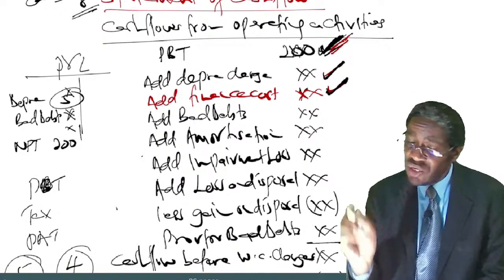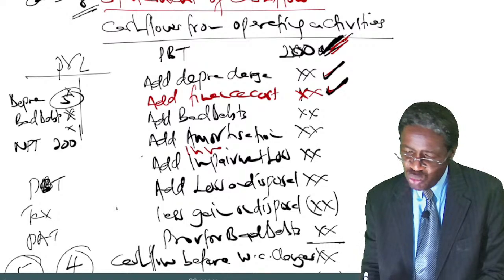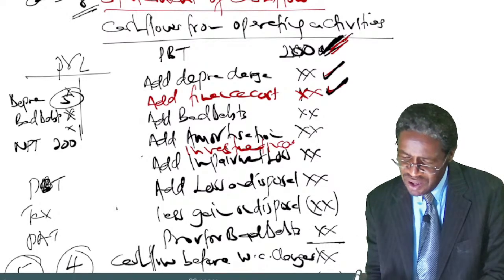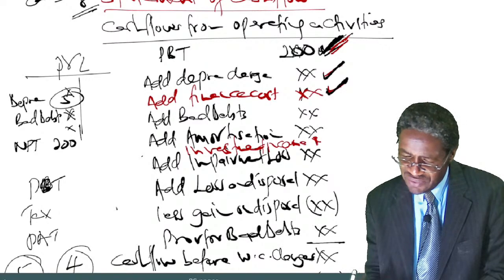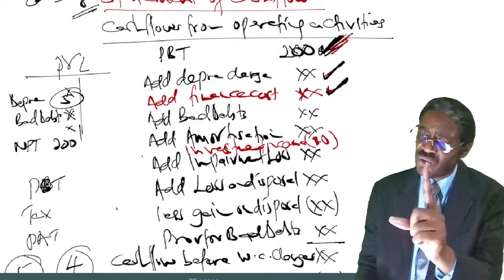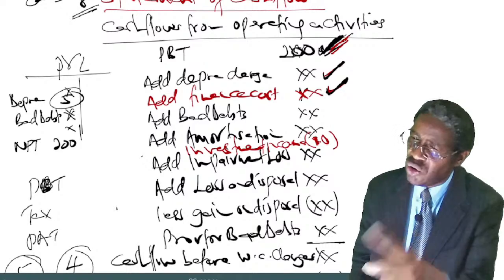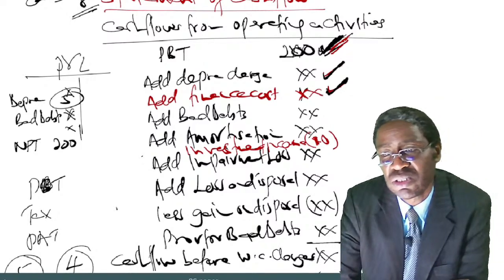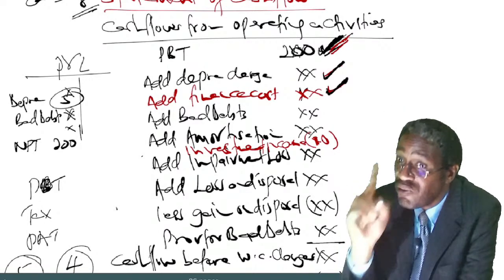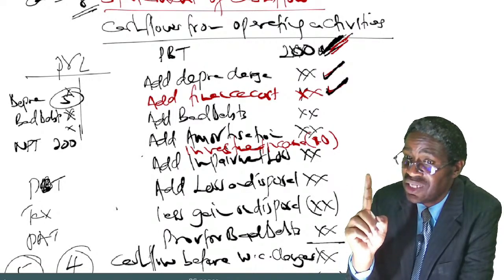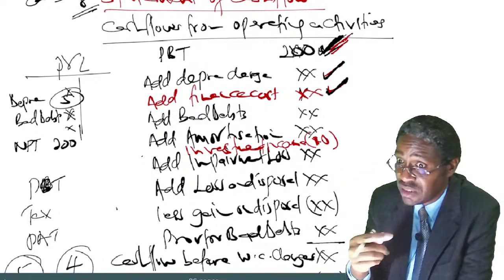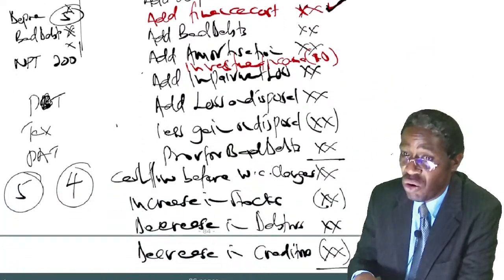So that 10 million investment income, we shall be deducting it here. Listen carefully. We shall be deducting it here, not because it is a non-cash item. No. We shall be removing it from the 200 million and taking it to where it belongs.